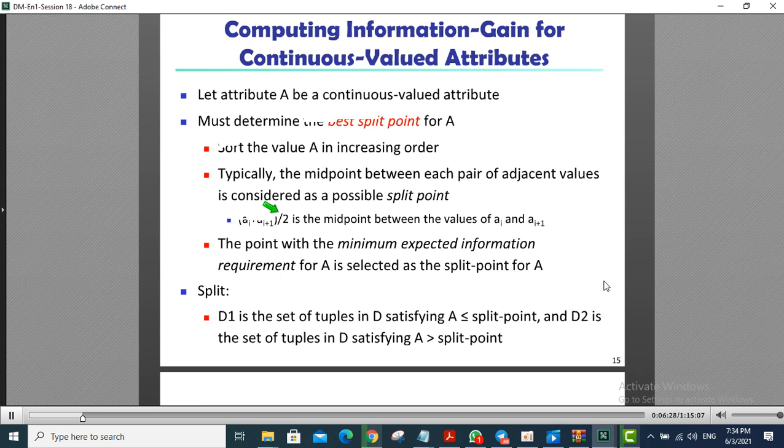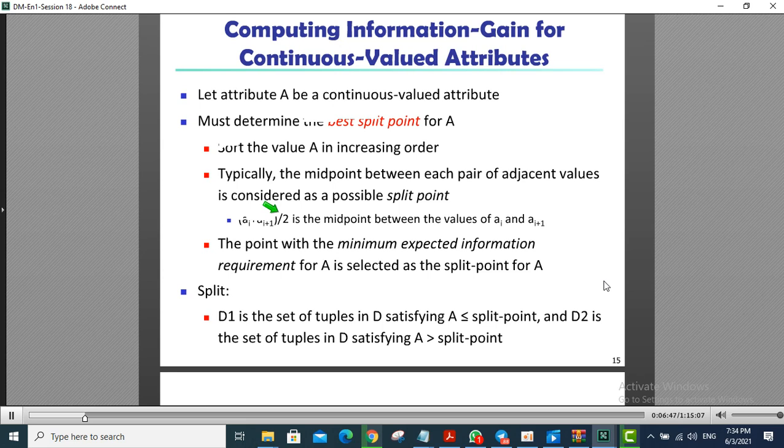If I use this strategy for each pair of adjacent values, let's suppose I have 10 different values, I sort those values in ascending order.